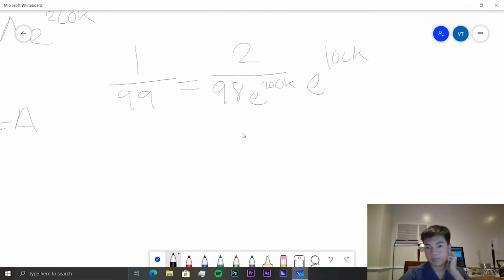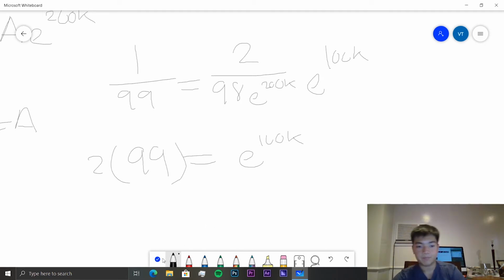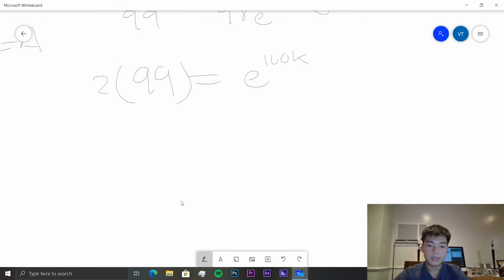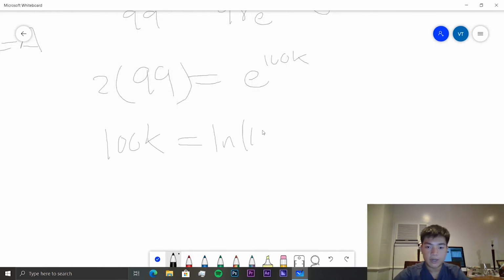So this is equal to 99 is equal to e to the 100k over 2. So 2 times 99 is equal to e to the 100k. So 100k is equal to ln 198. So k is equal to ln 198 over 100.